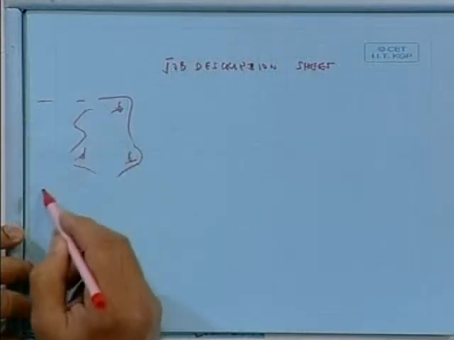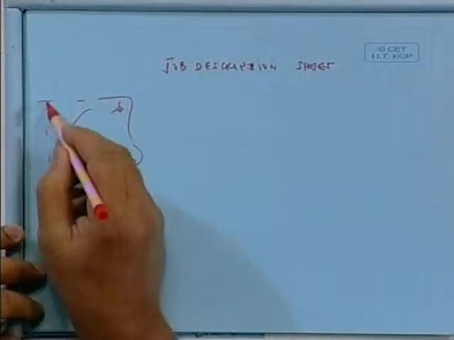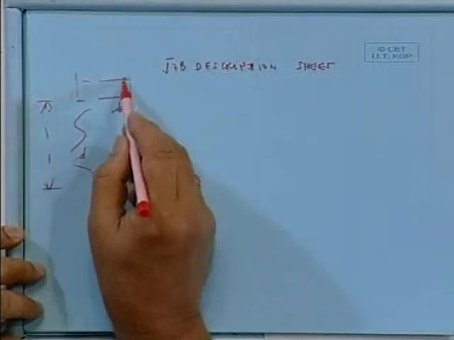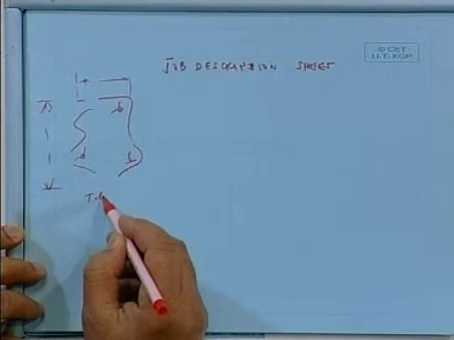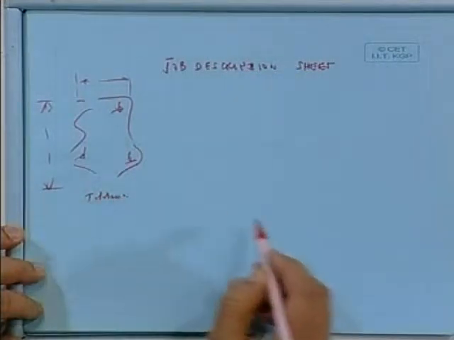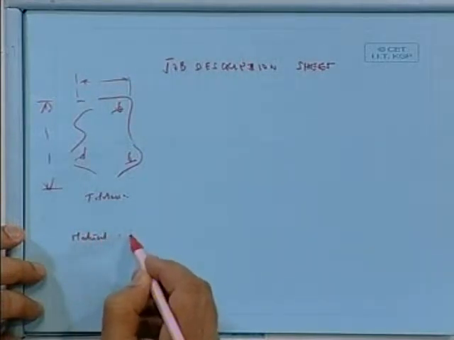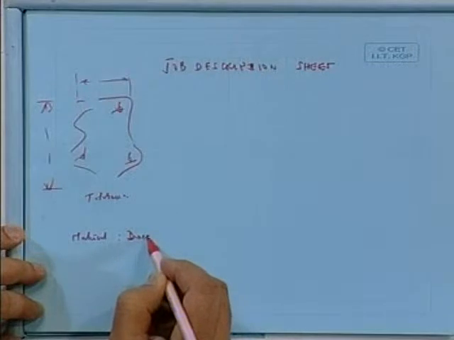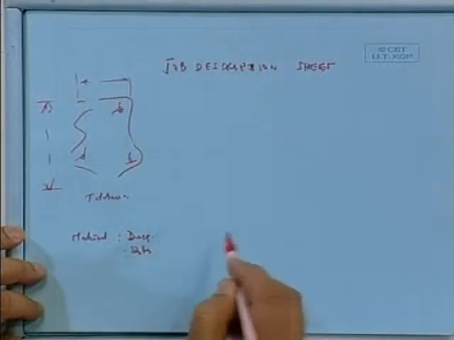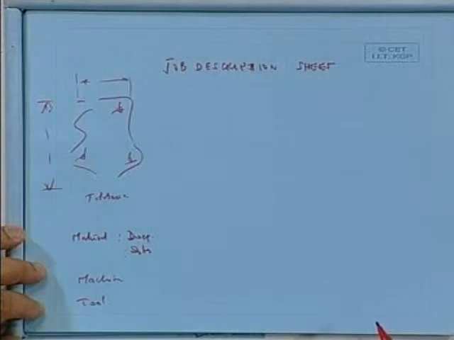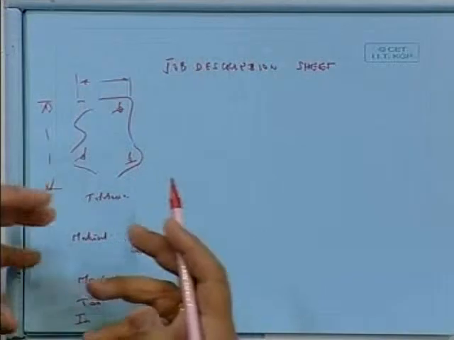And they'll tell you the dimensions. It will tell you the tolerance. It will give you the materials, description, quantity. It will give you the machine to be used. It will give you the tool to be used. It will give you the interconnecting component with which it will mate.